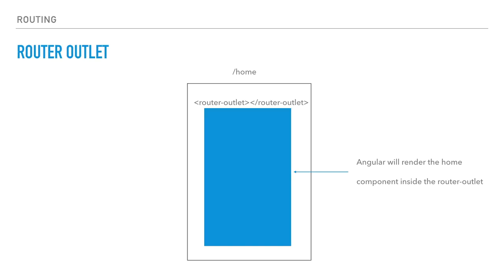If the user in our website goes to the home page and types home, for example, then Angular will know that it should render the home component inside the router outlet. So it will fill this gap with everything that is inside the home component, which is what was defined in the template of this component.